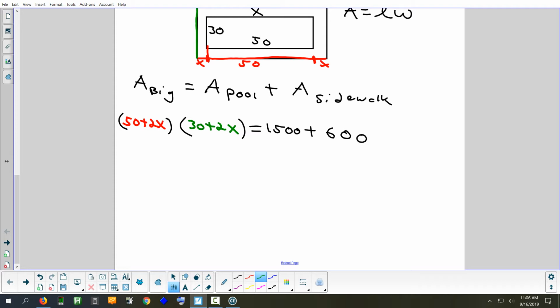The right part, yep. 5 plus x. On the right side, we don't have any x's.